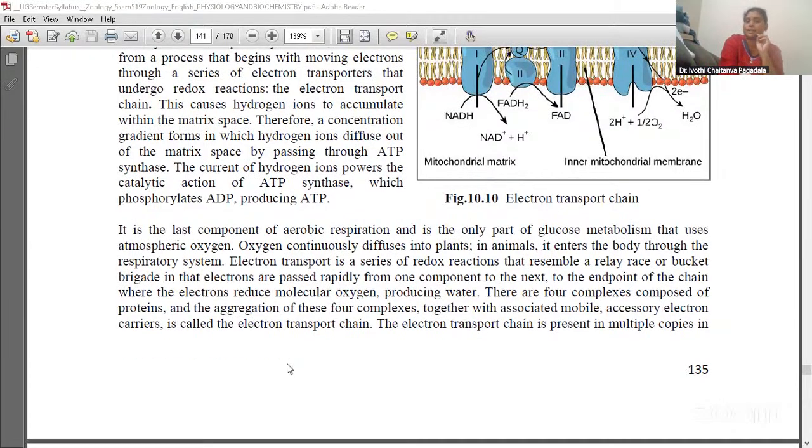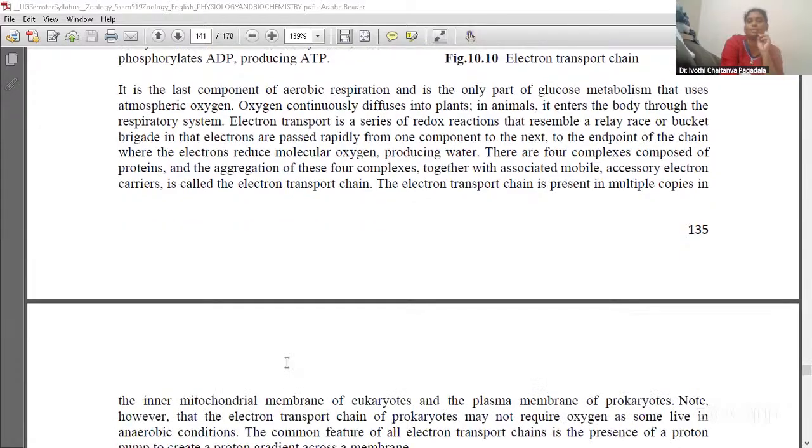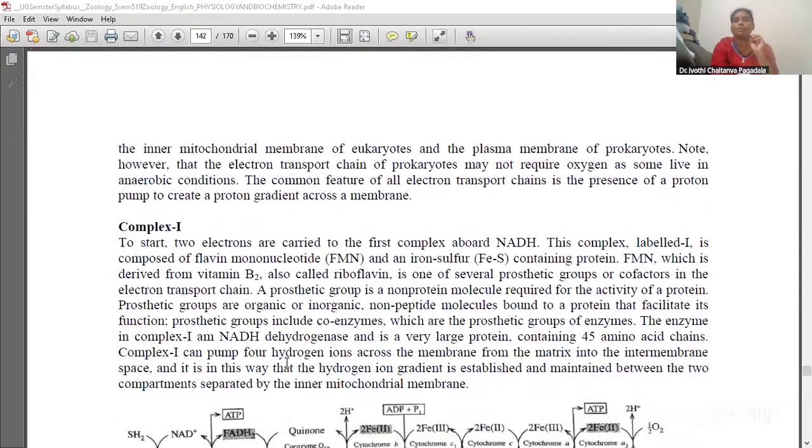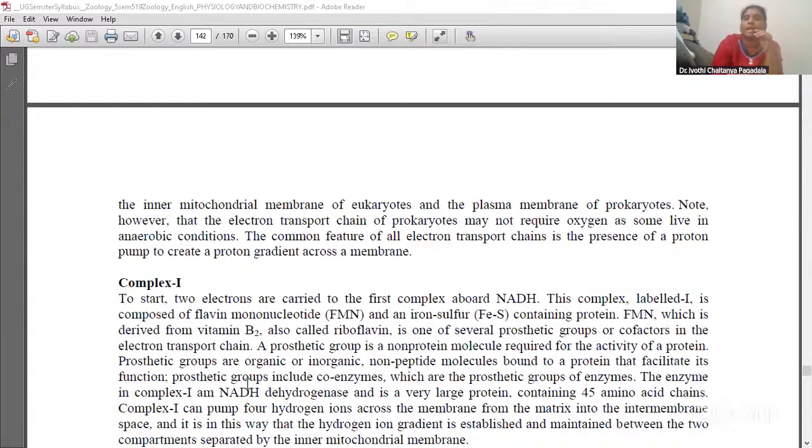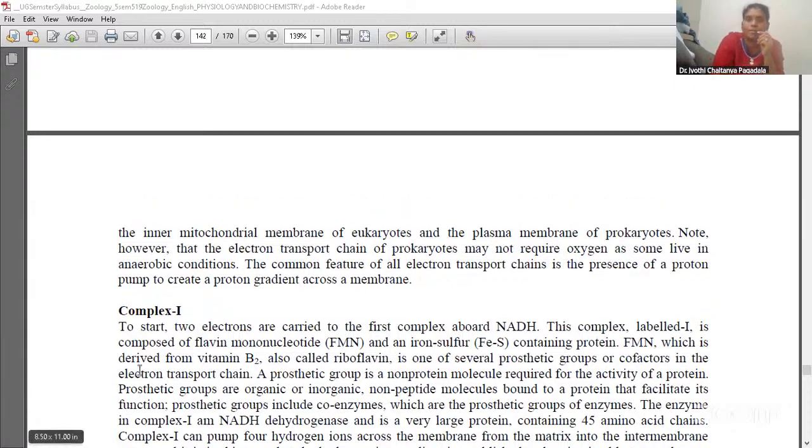It is present in multiple copies in the inner mitochondrial membrane of eukaryotes. In prokaryotes, it is present in the plasma membrane. And the electron transport chain in prokaryotes may not require any oxygen, because it happens in the absence of oxygen in the anaerobes.